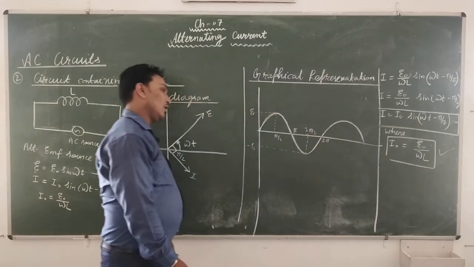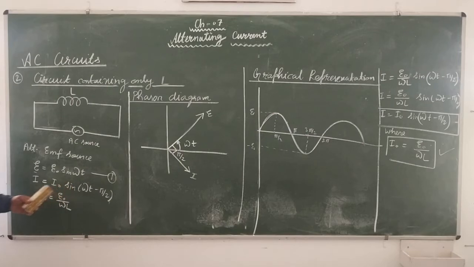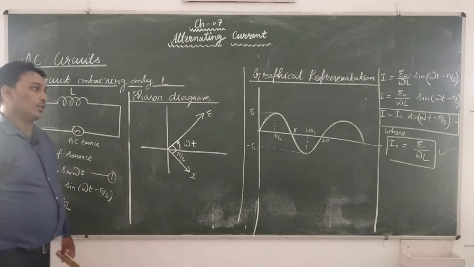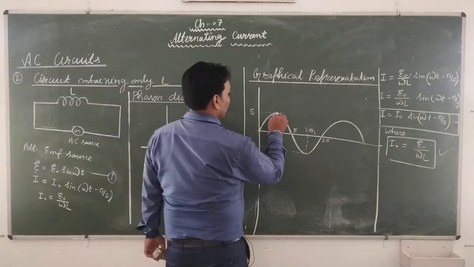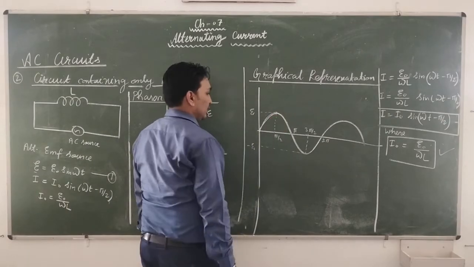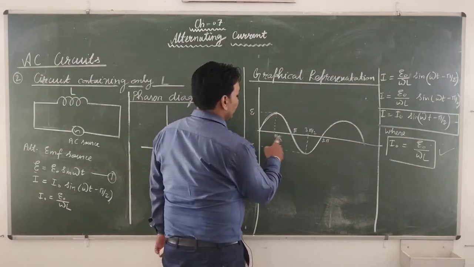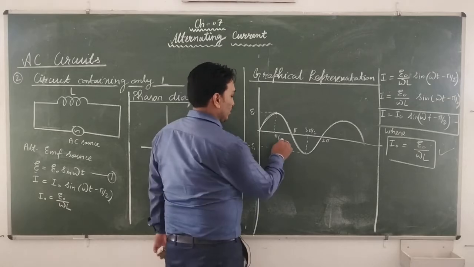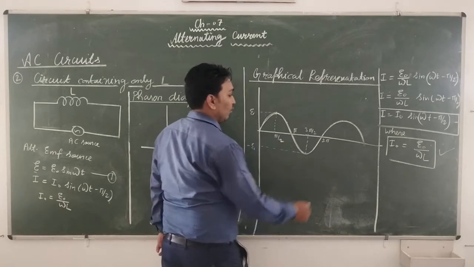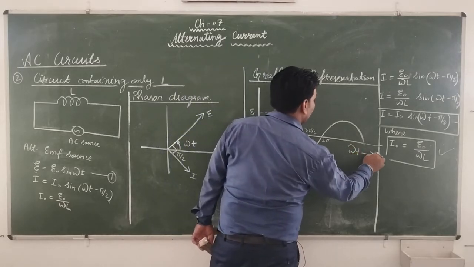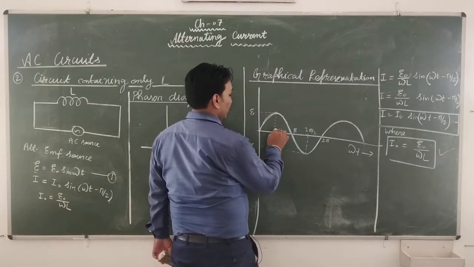Okay. How will the graph of current go? Current is pi by 2 angle behind the voltage. It simply means that when the voltage is at pi by 2, current should start from 0. Current should start from 0. From this axis I have taken omega t. So from here the current will start.